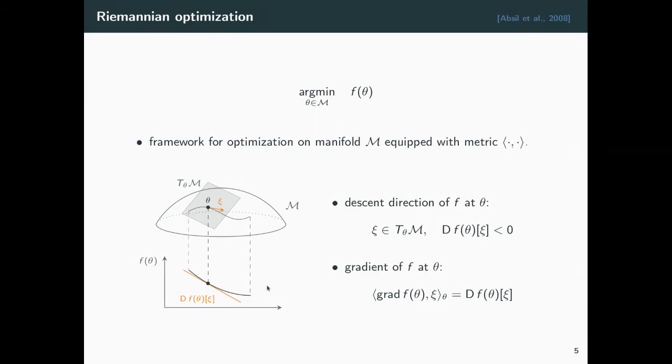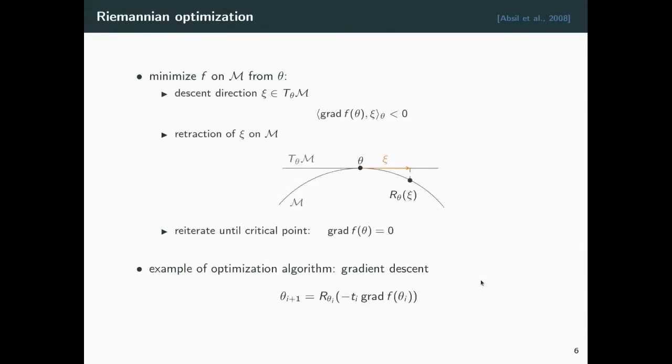For that, a very useful tool is the gradient, which is defined thanks to the Riemannian metric again, with this equation here. To minimize a cost function, we select some descent direction. In the simple case of gradient descent, it is just the scaled opposite of the gradient, but we can have more complex options.